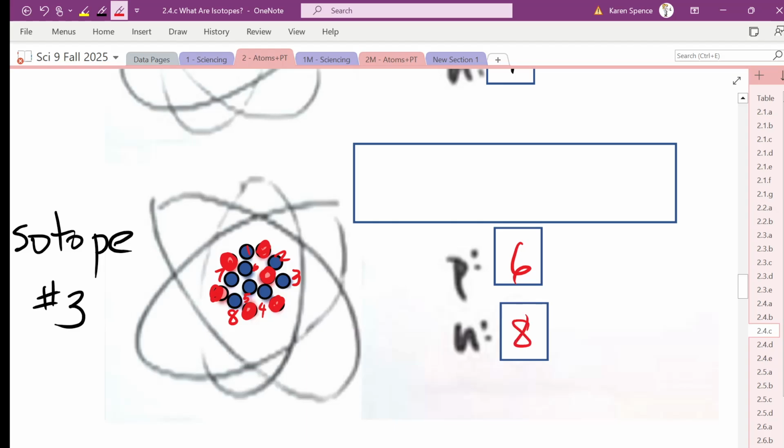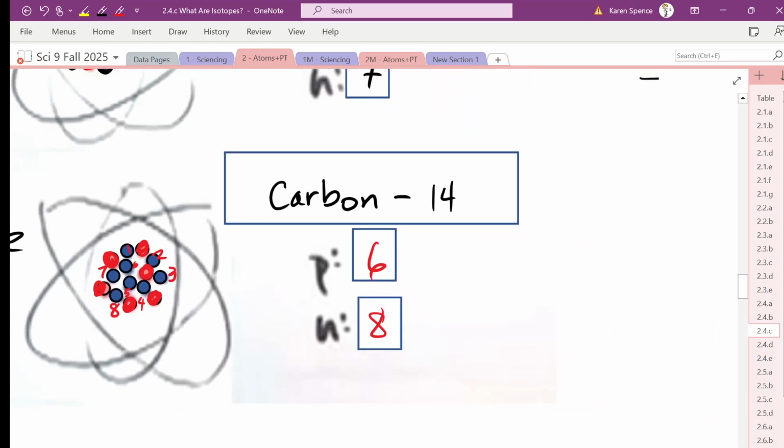What would we name this isotope? Carbon dash 14. Now, normally we won't say the word dash, but I want to remind you that there is a dash there. So I keep saying dash, but normally we would just pronounce this carbon 14. But for now, we're going to say carbon dash 14 until it becomes automatic for you to put that dash in there.